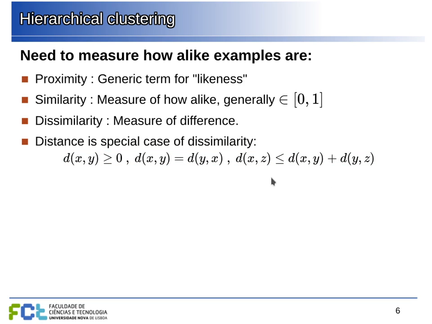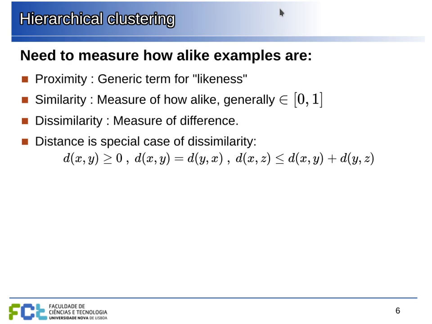So if you have a measure of dissimilarity that fulfills these constraints, then it is a distance, but we can do clustering with other kinds of measures of difference or dissimilarity or proximity and similarity that are not quite distances. But this is something that we need in all cases when we are doing clustering, because in order to group together examples that are more similar and retain in different groups examples that are less similar to one another, we need to have some measure of this similarity, distance, proximity, whatever we may call it.